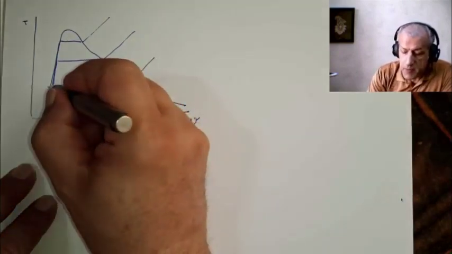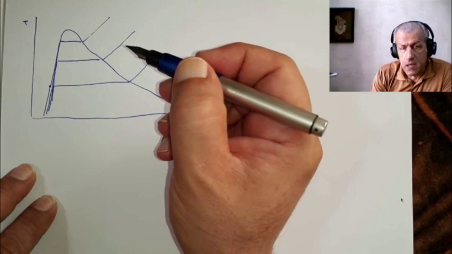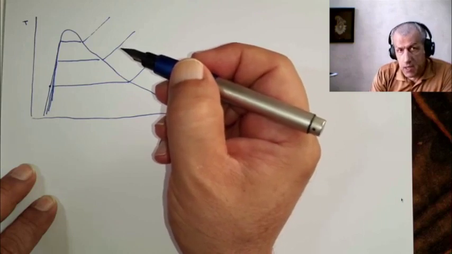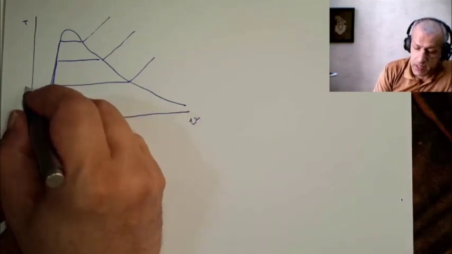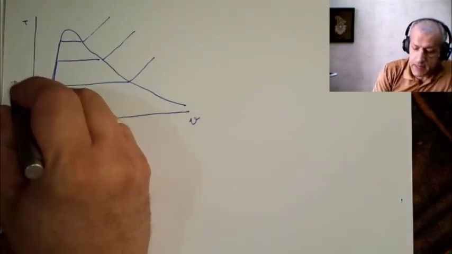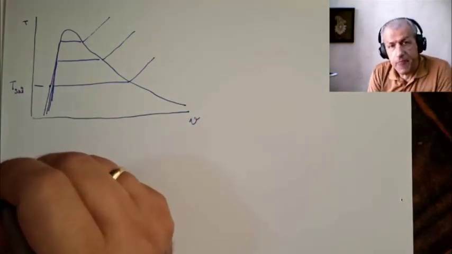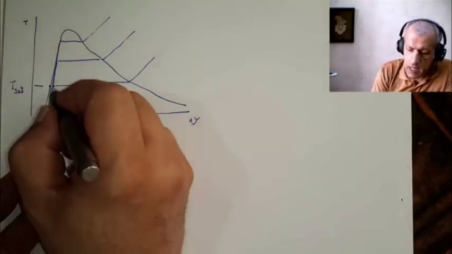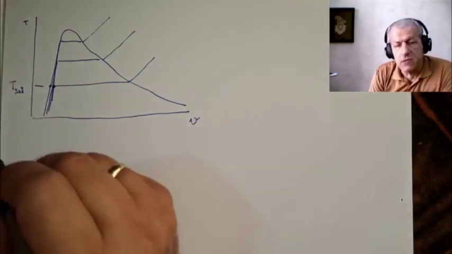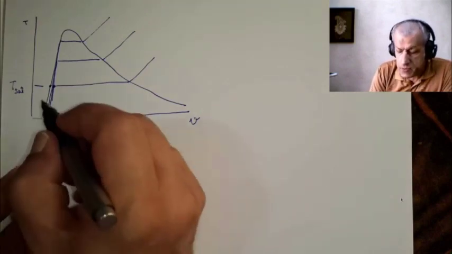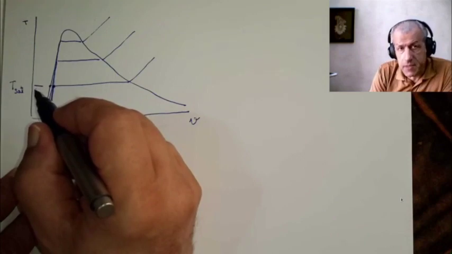So to find the properties on a point like that, which has higher pressure than the saturation pressure of this temperature, call it this T sat, for this constant pressure line, it's very easy to use the saturation liquid properties.